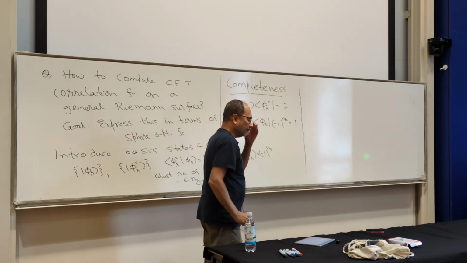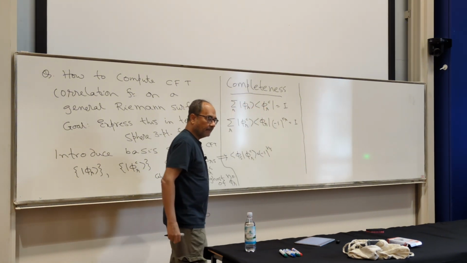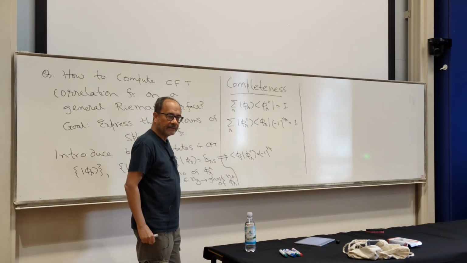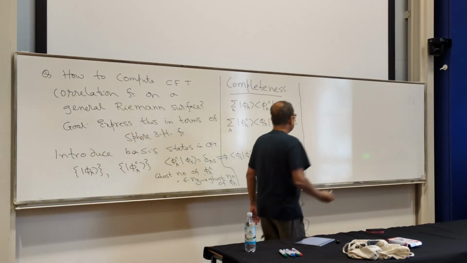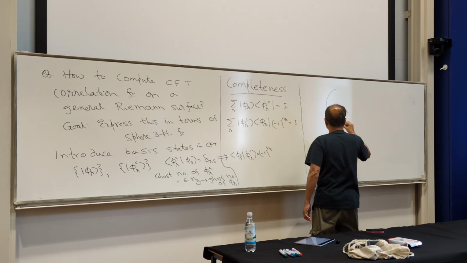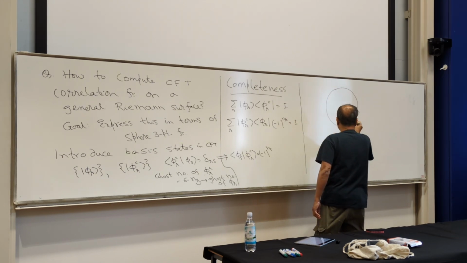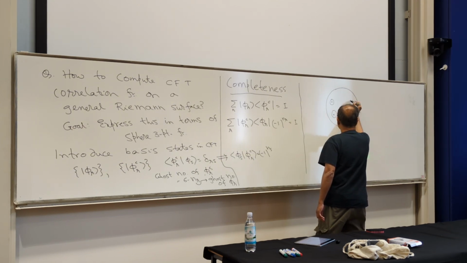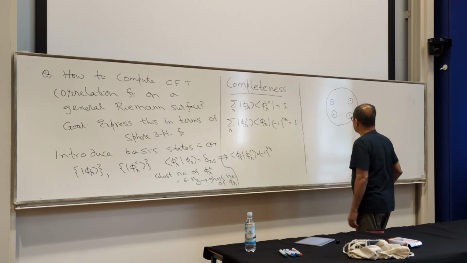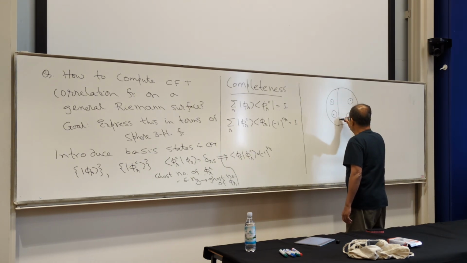Now let's start with the simplest sphere amplitude, the sphere 4-point function. And the way we had described the sphere 4-point function, if you recall, is that we draw disks around the positions of the vertex operators.